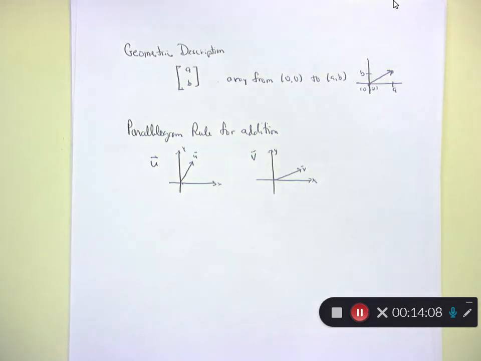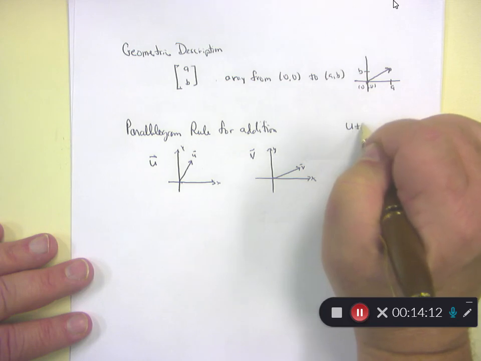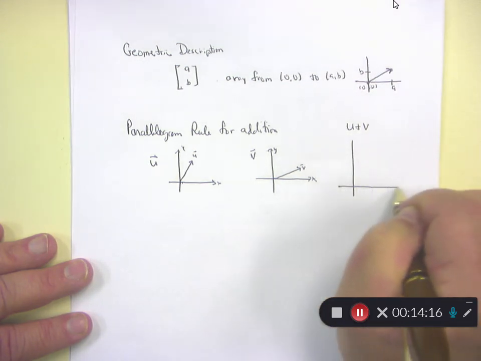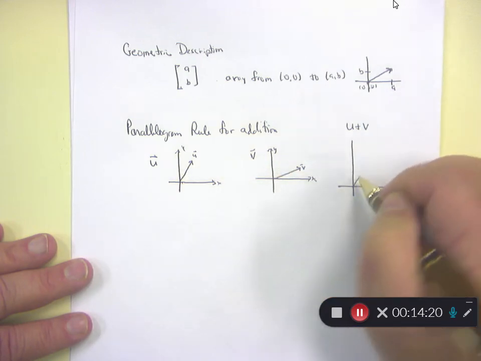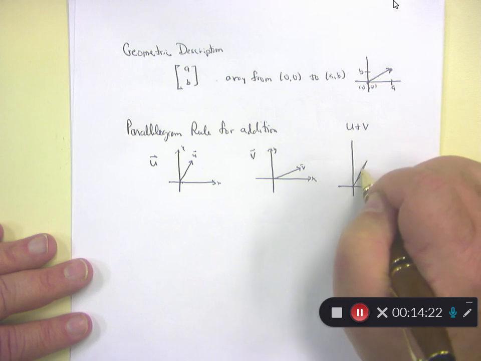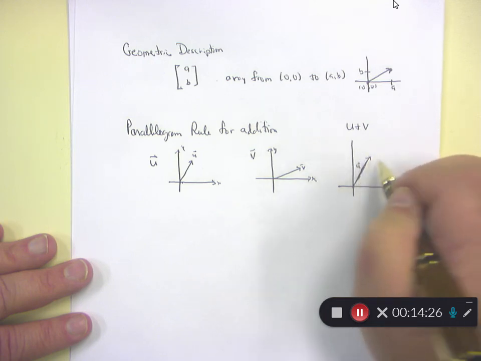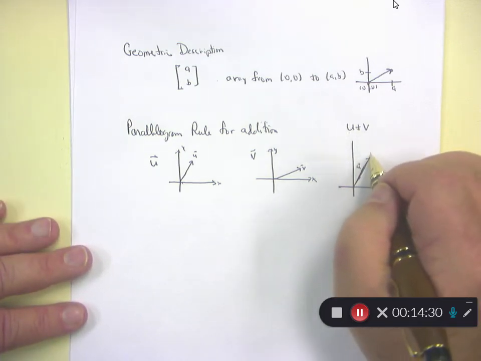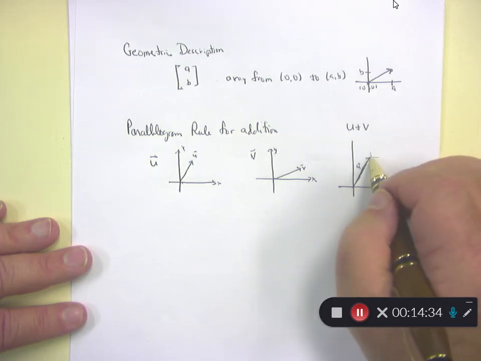Then, if I wanted to take what exactly is u plus v, what you do is you redraw vector u, and at the end of vector u, you add v, and you put yourself a little coordinate axis right there at the end of vector u, and you draw him in there.